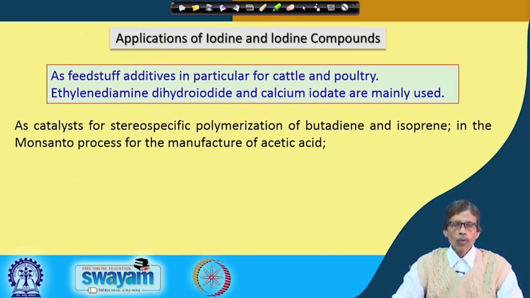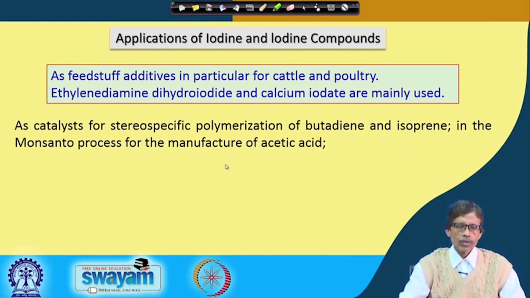So, a small amount of all these is very much useful for the development of new catalysts in different industrial sectors. One such use is for the production of acetic acid. Monsanto is the company which produces large amounts of acetic acid from basic ingredients, and there also iodine based compounds are utilized as the catalyst.